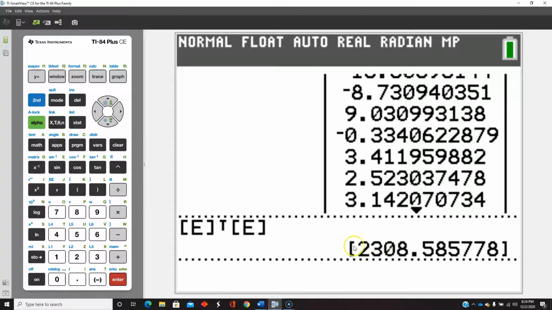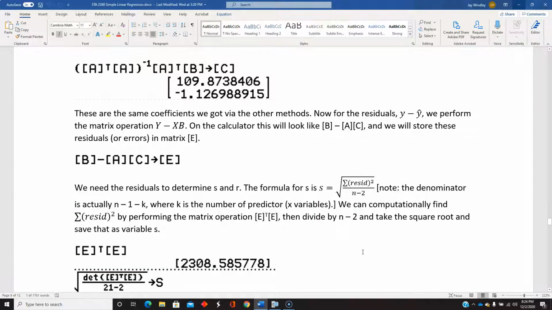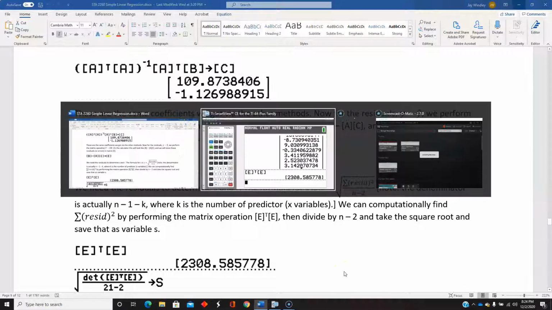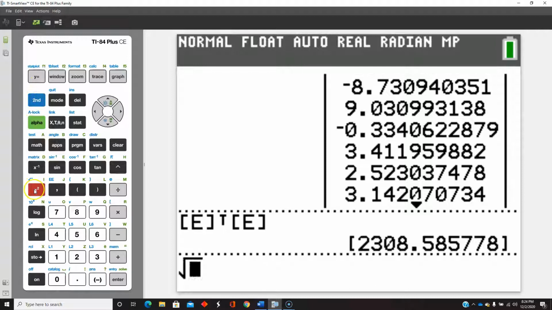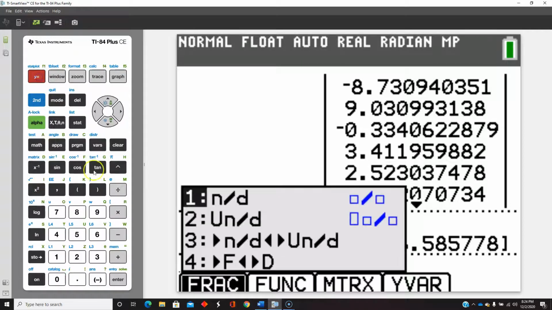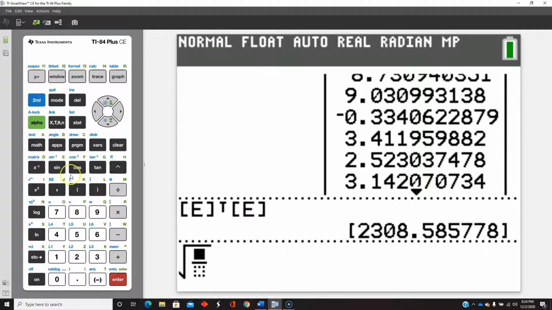The only problem with doing it like that is that the answer is actually given to us in a 1-by-1 matrix instead of just a number. So the way around that is to take the determinant of that. So let's do square root and then a fraction.